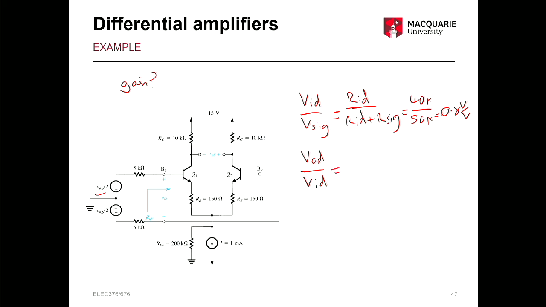So total resistance in our output is going to be 2RC, and our total resistance in our emitter, in this case.